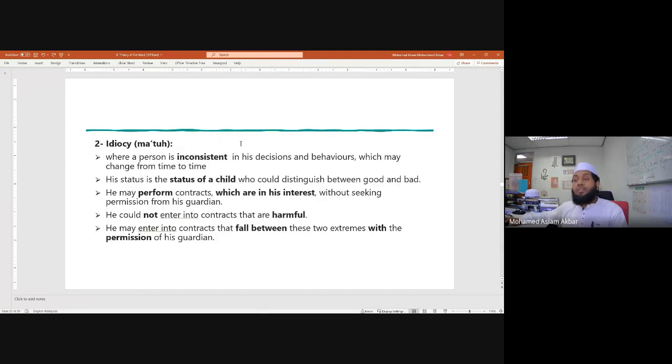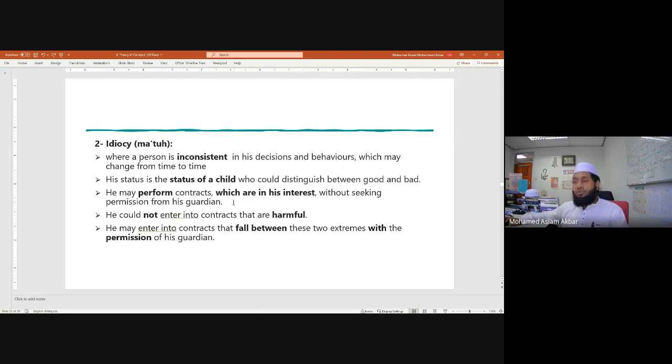Number two, idiocy. It is similar to insanity, but it is something different, with a different name. It is where a person is inconsistent in his decisions and behaviors, which may change from time to time. His status is that of a child who can distinguish between good and bad.